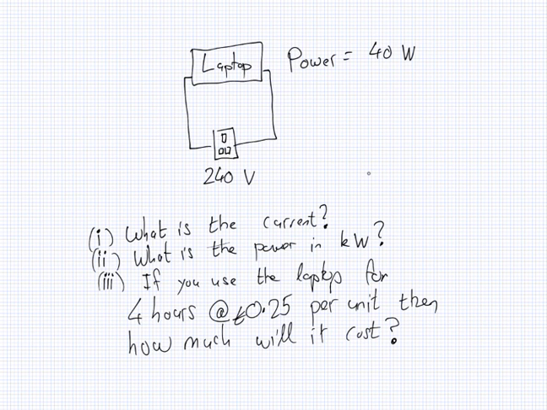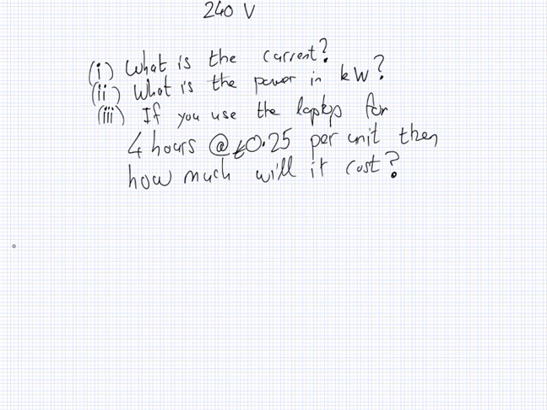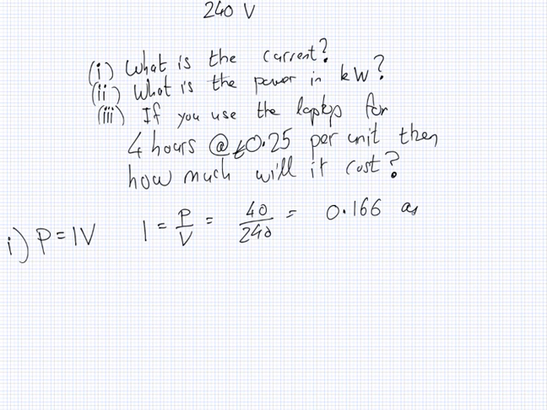Okay, let's have a look at it. So what formula do I need to use for getting the current? P equals IV. So then I equals P over V, which is 40 over 240, 0.166 amps.